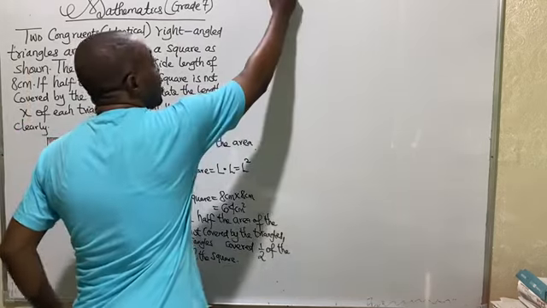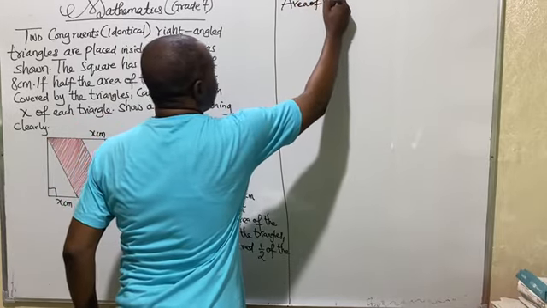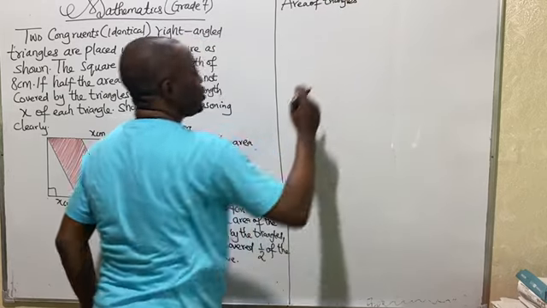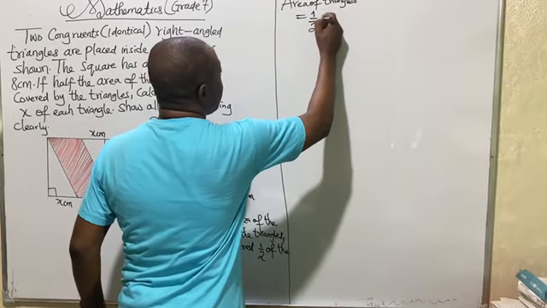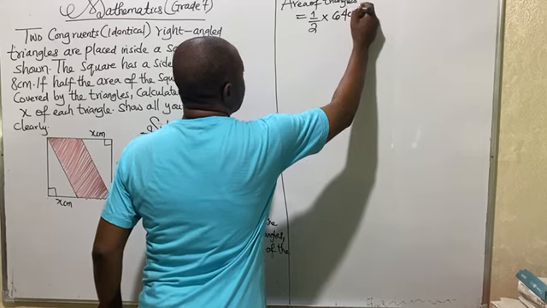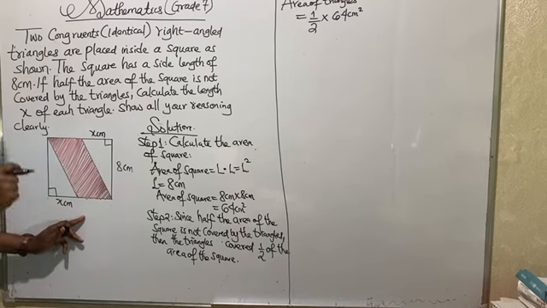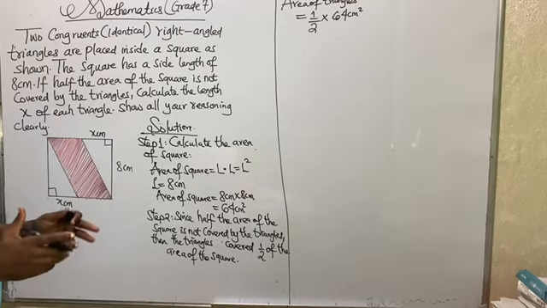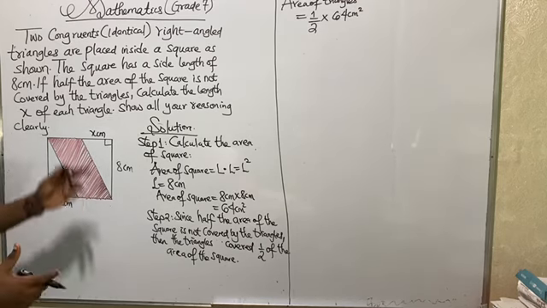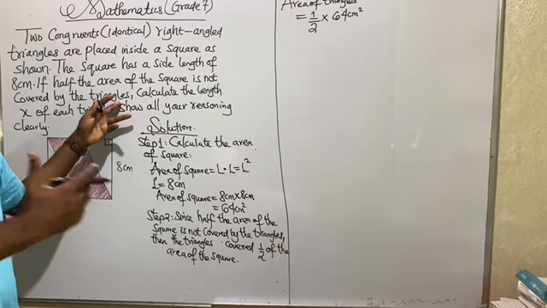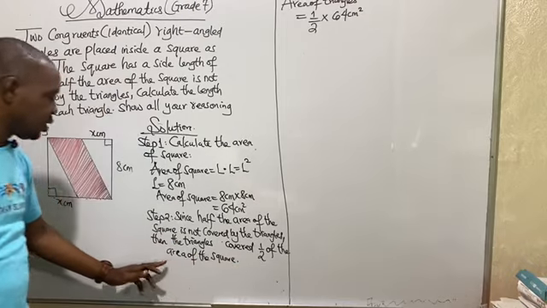So that means the area of the triangles, that's the two triangles, will be equal to 1/2 multiplied by 64 square centimeters. 64 square centimeters is the area of the square. Since half the area of the square is not covered by the triangles, the area of the triangles will cover 1/2 of the area of the square.